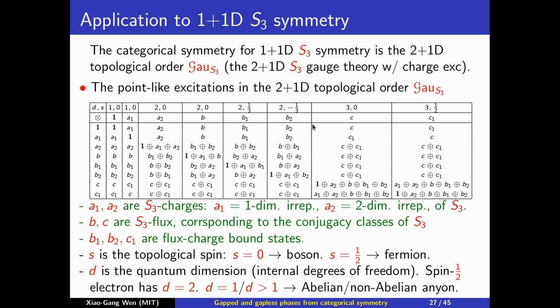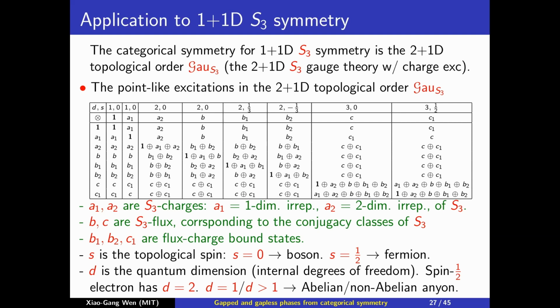Then there are B1, B2, and C1, which are bound states of charge and flux. So the total is 8 anyons in S3 gauge theory, and they have this fusion rule. It's pretty complicated. For S3 gauge theory, we already get a pretty complicated so-called modular tensor category, so some category language will be very useful.